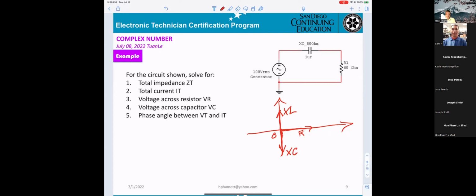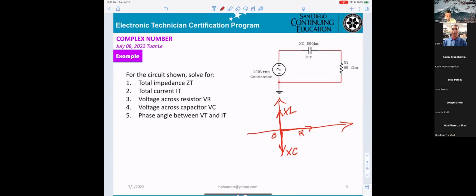For the capacitor, current IC leads VC by 90 degrees. For the inductor, VL leads IL by 90 degrees.